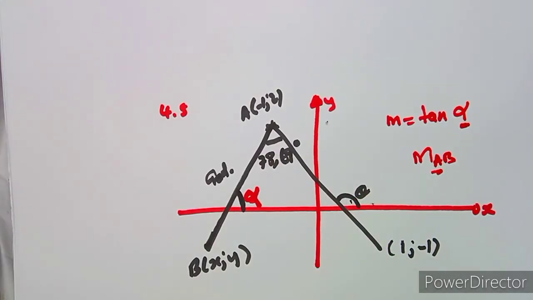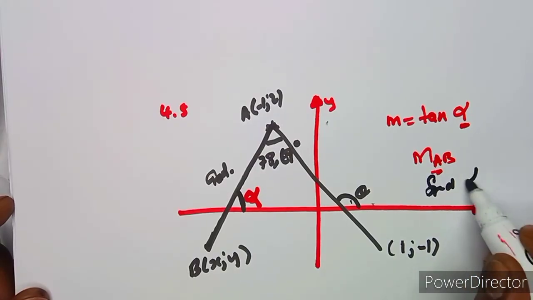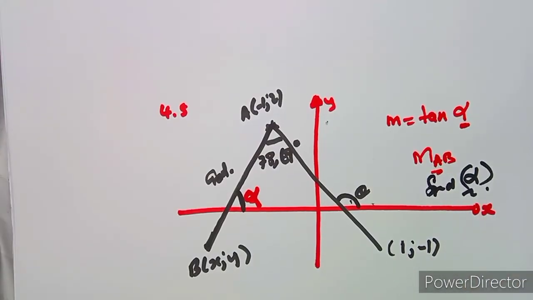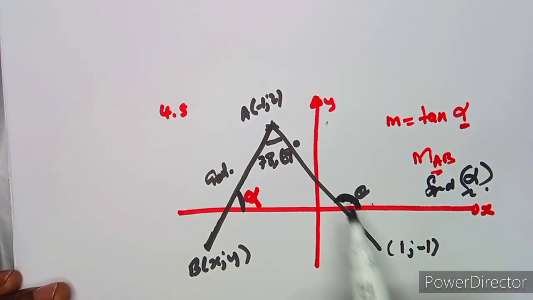So where can we have this angle alpha now? That is the question. We need to find alpha so that we can find the gradient. So how can we end up with this alpha? Let's see some of the relationships that we have, because this one we can actually find, it's an angle of inclination of the line AC. So which means we can work something from line AC.